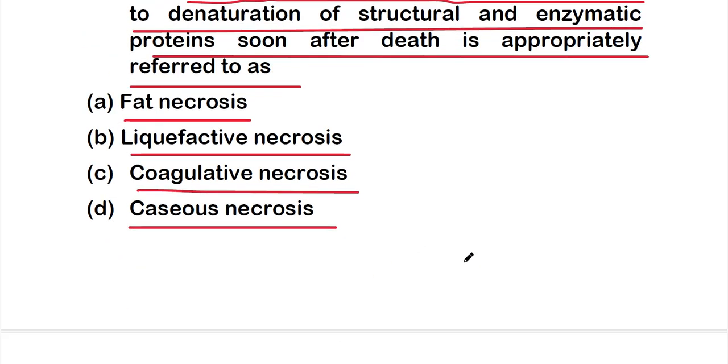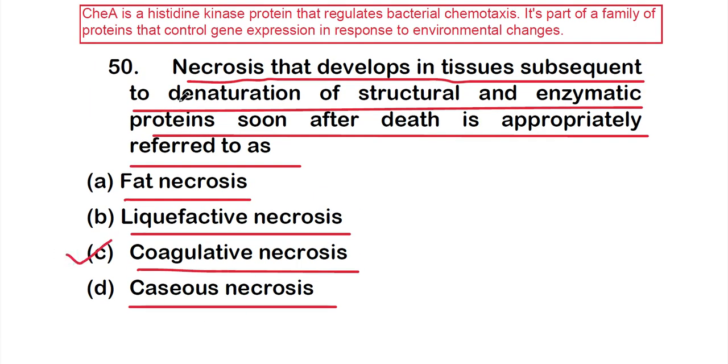And the right one is option C, that is coagulative necrosis. Necrosis that develops in tissues subsequent to denaturation of structural and enzymatic proteins soon after death is appropriately referred to as coagulative necrosis. Okay, so these are all questions on cell signaling.